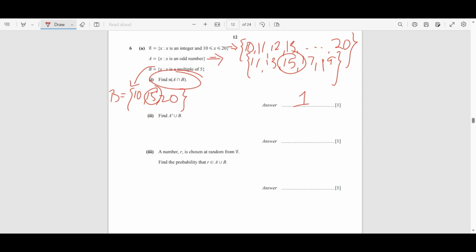So it's going to be all the even numbers, like 10, 12, 14, 16, 18, 20, united with set B, which is 10, 15, 20. So 10 and 20 are already in the set A complement. You just have to write what's not common, which is 15. The order, the sequence doesn't matter. You could write your own sequence.